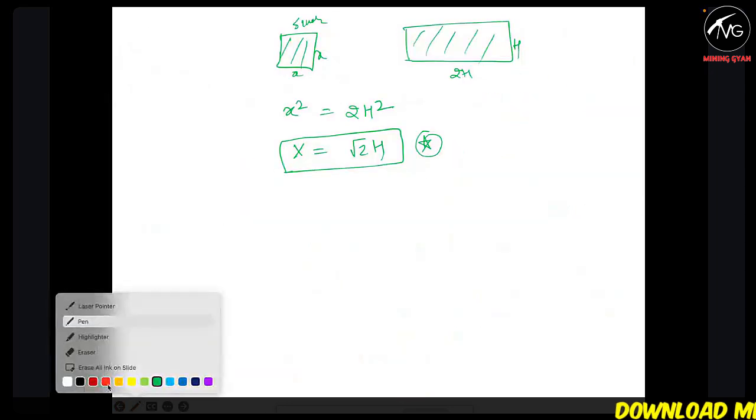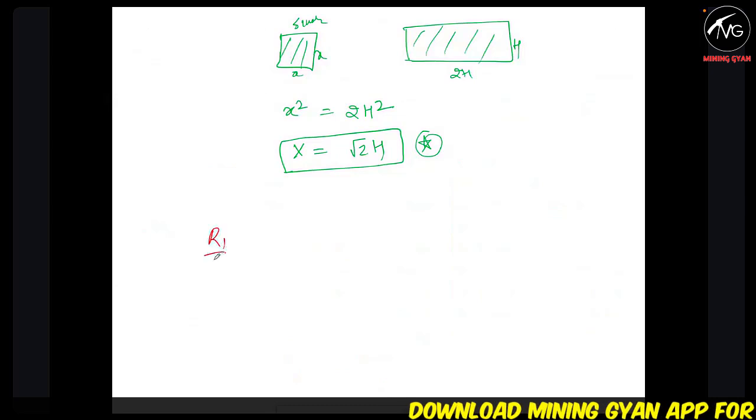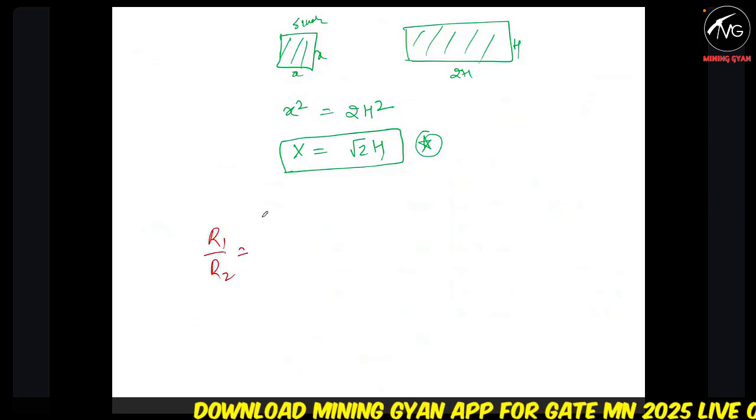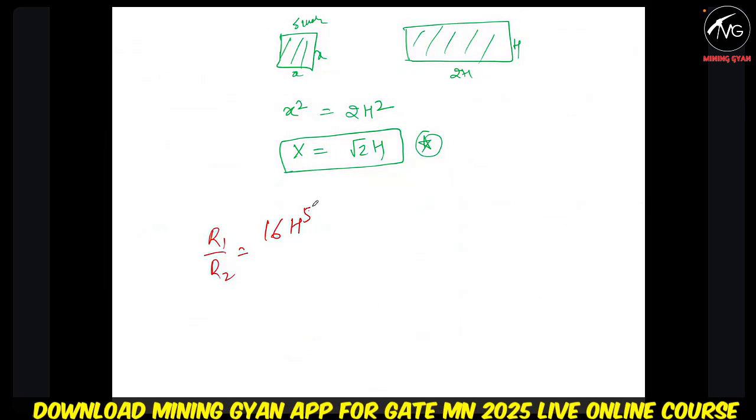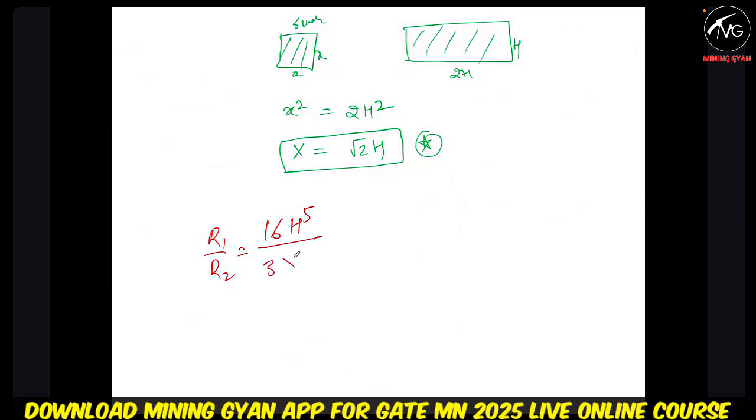And from that, r1 by r2, we have calculated 16h^5 divided by 3x^5. So you can replace x with this value, 3 root 2 h power 5.